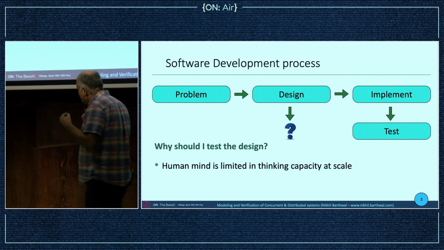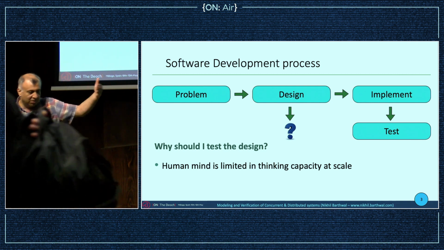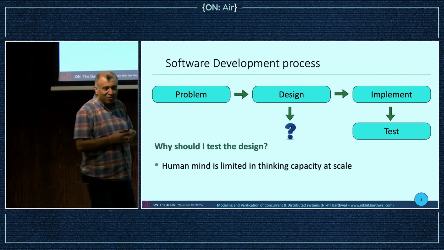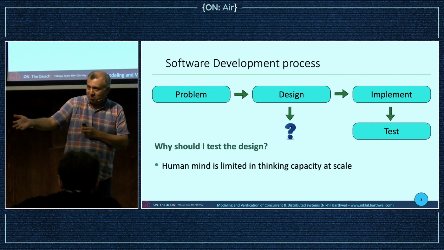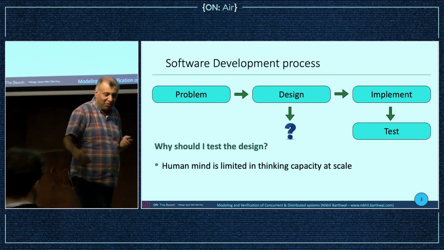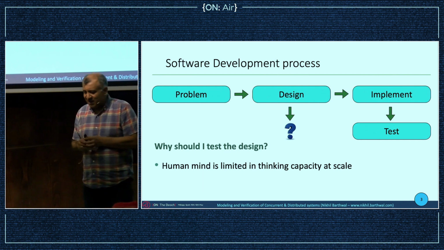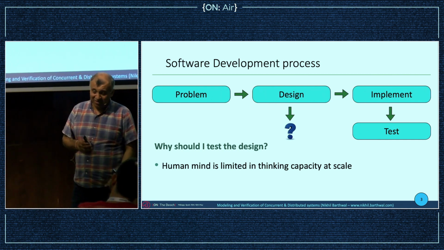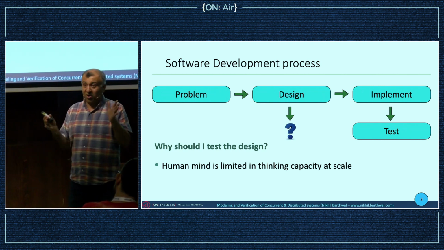The thing is that the human mind is limited in thinking about next steps at scale. A good example is that I play a lot of chess. When I play chess, I can think 3 or 4 moves ahead, about what my opponent is going to do. Years ago, about 20 years ago, Gary Kasparov, the greatest chess player ever, played against a supercomputer called Deep Blue, and lost.